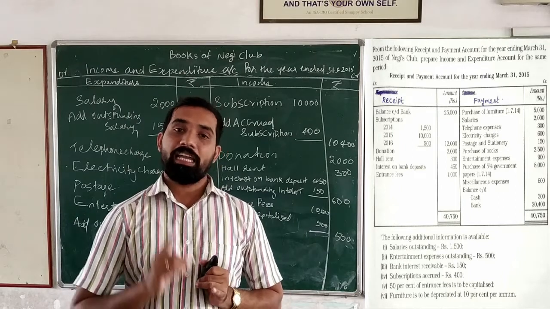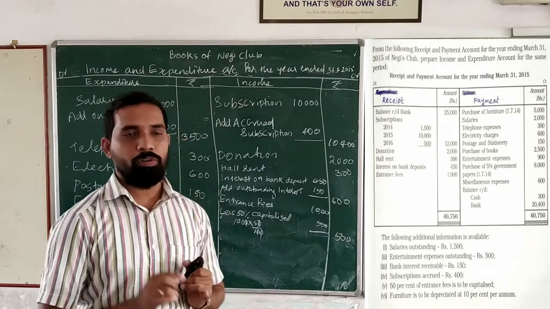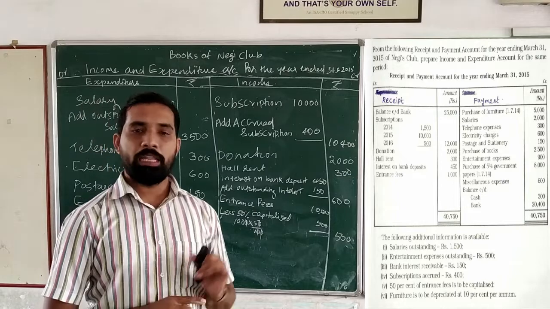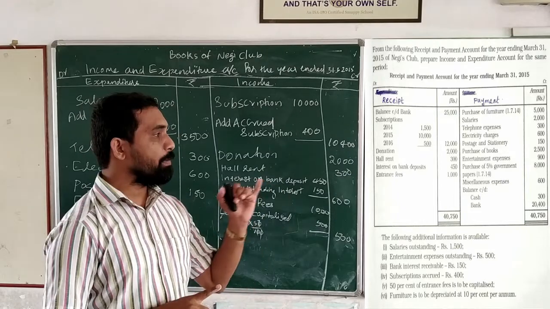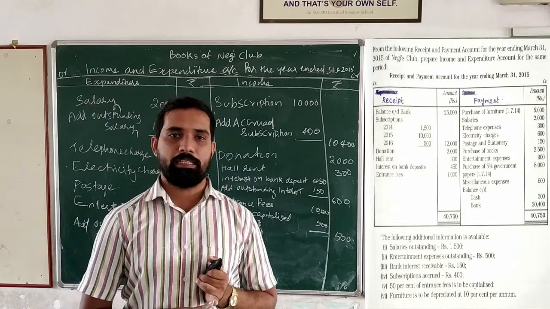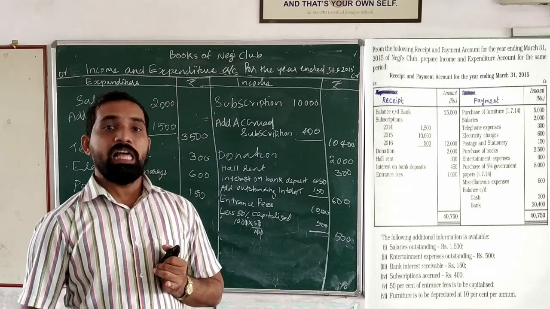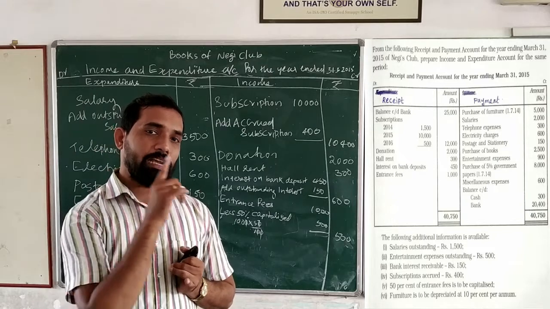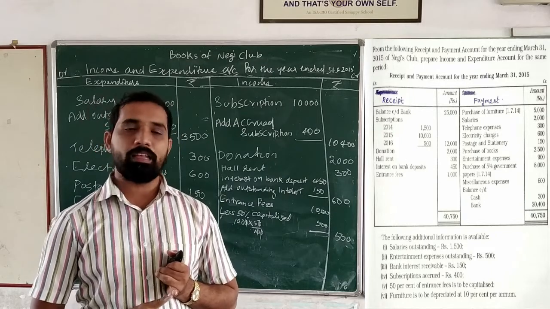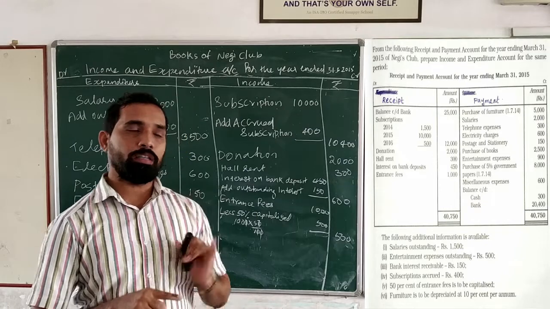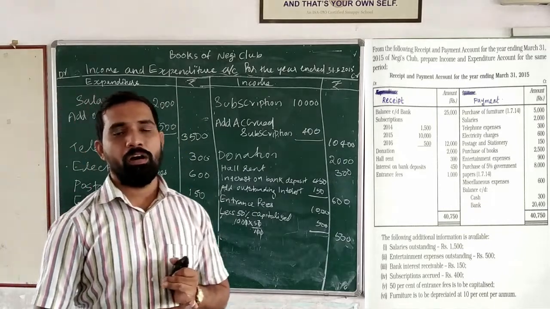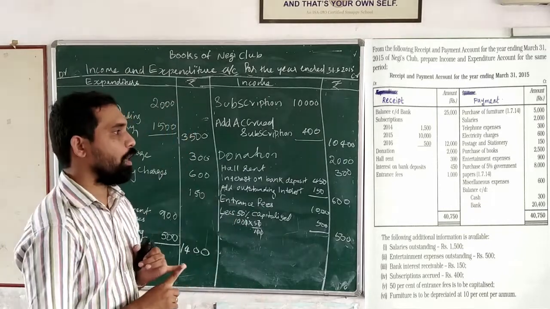That is capital payments, no need to consider. And then next item, miscellaneous expenses. That is other expenses. It is a revenue payment. So it's shown on the expenditure side of income and expenditure account.